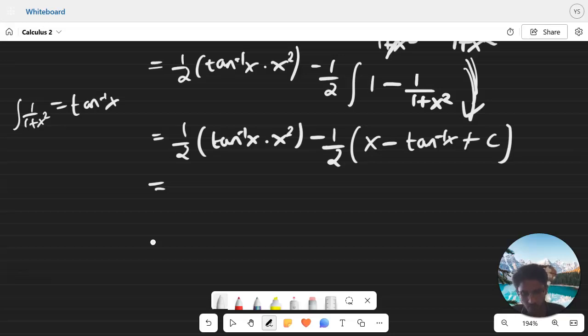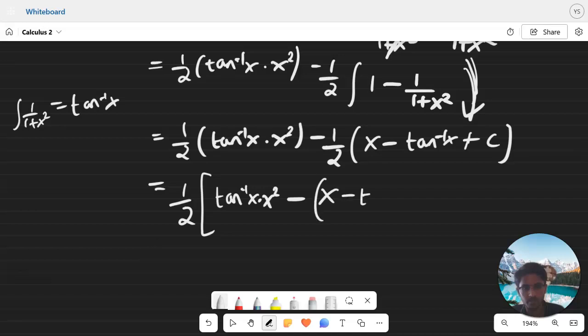If we wanted to, we could distribute this half, or factor out the half: minus tan inverse of x, plus c.